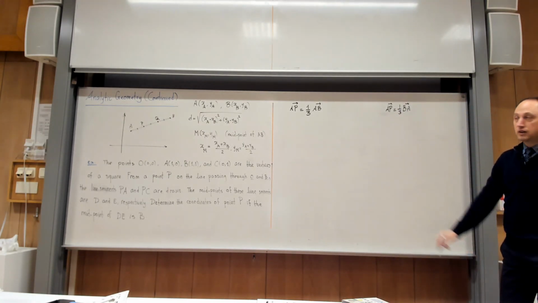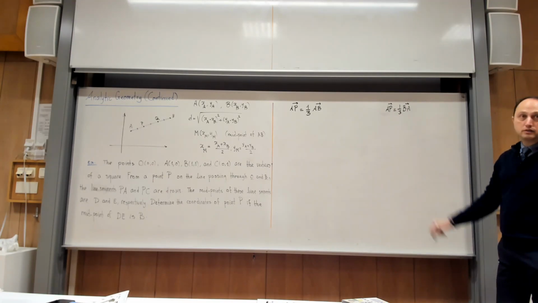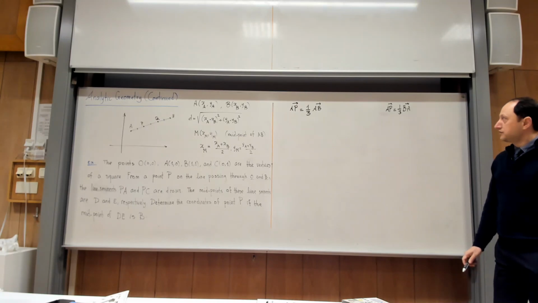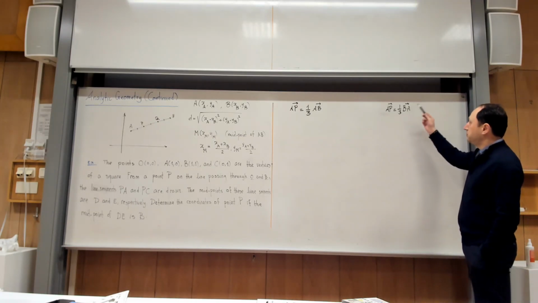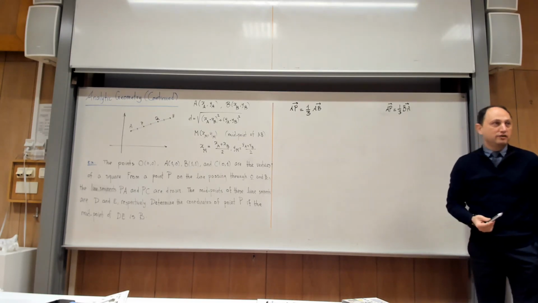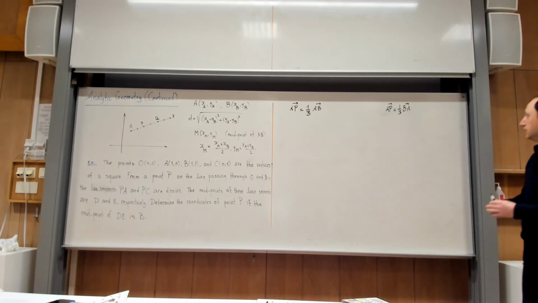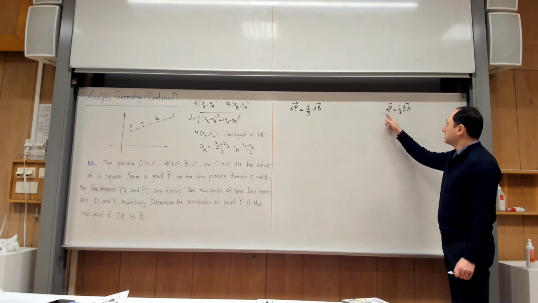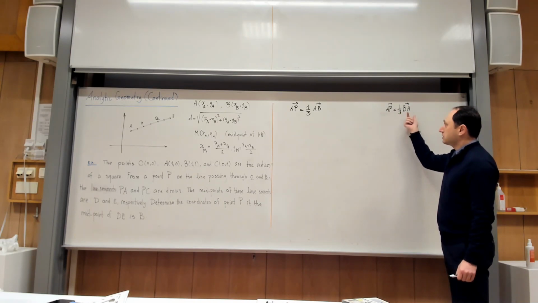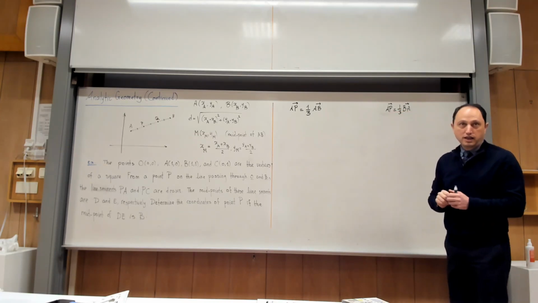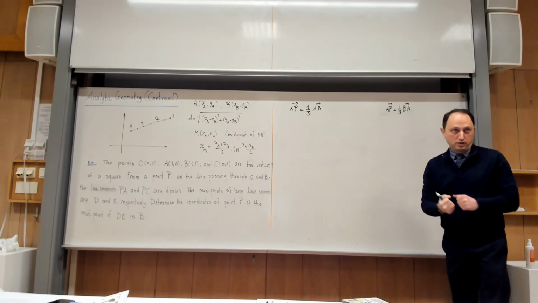Which one is correct? The left one or the right one? The left one, because, do you remember the meaning of multiplying a vector by a number? It means that you need to keep the vector parallel, but the size of the new vector is that number multiplied by the size of the previous vector. And if this number is positive, they point in the same direction, and if the number is negative, they point in opposite directions.